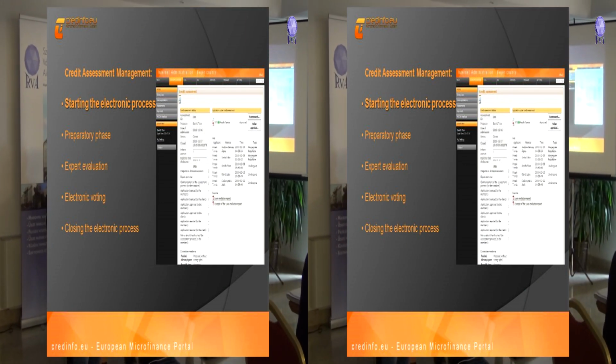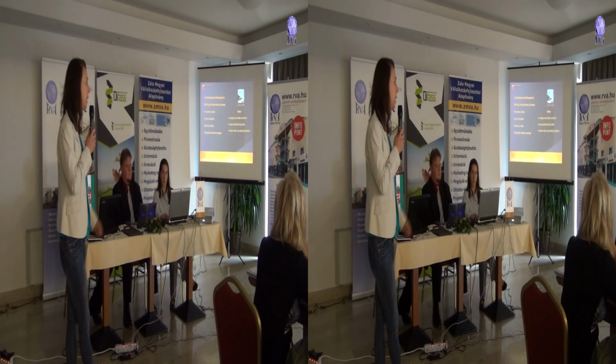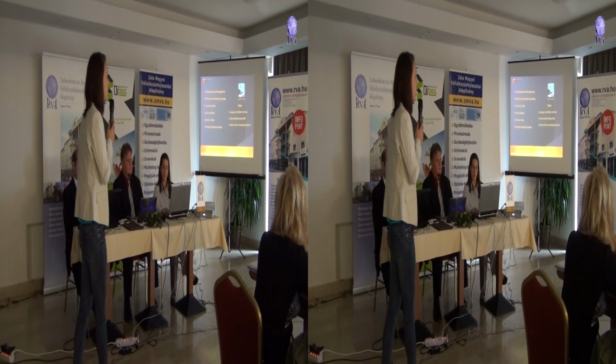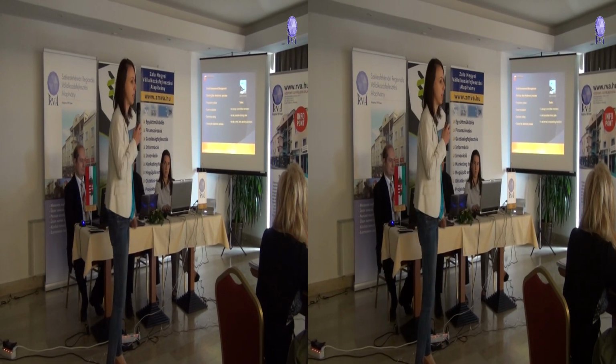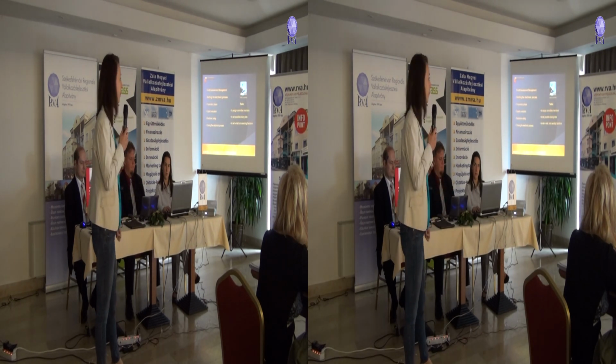The tasks of the credit coordinator are assigning the committee members who will later decide on whether to approve or reject the loan application. The credit coordinator sets the deadlines for the procedure and the closing date, and he or she can set emails and SMS sending functions if the MFI uses it.